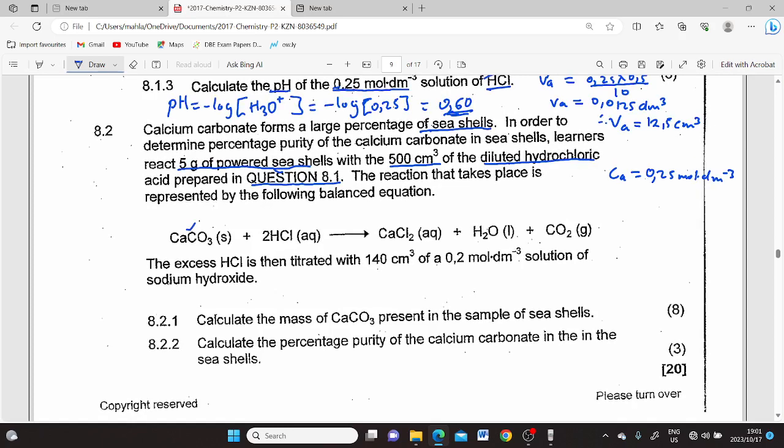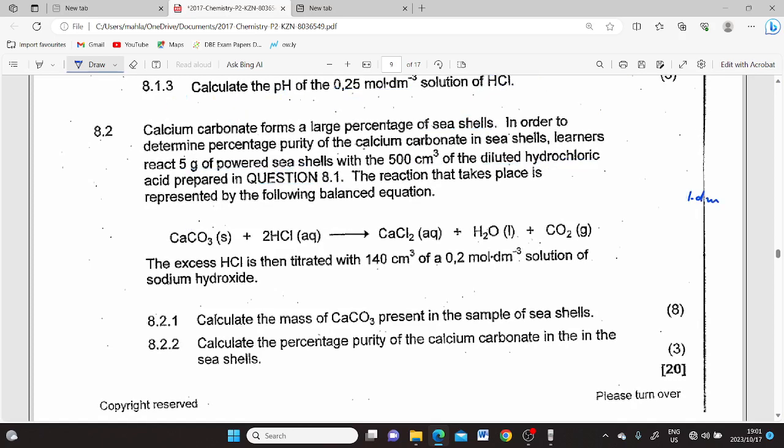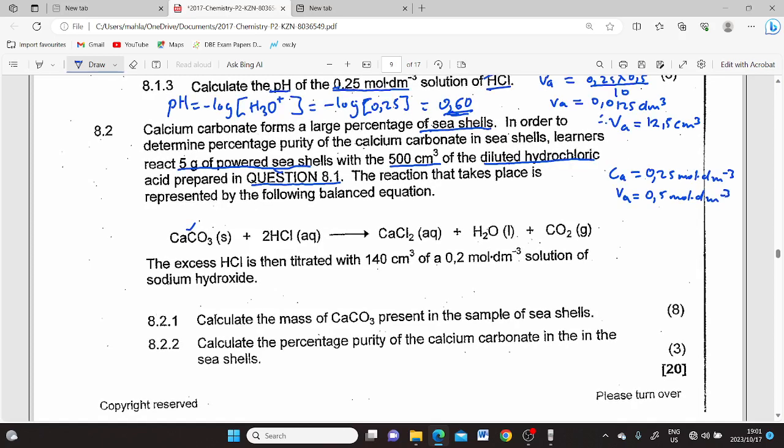And then we had a volume of the dilute acid of 0.5 decimeter cube. That was the information in 8.1.